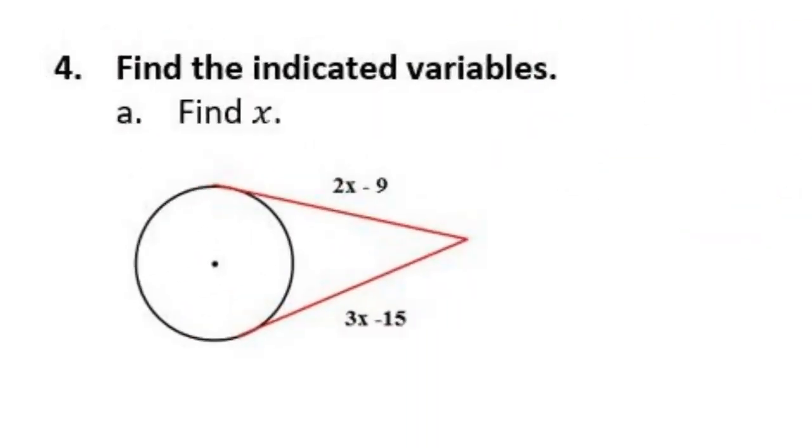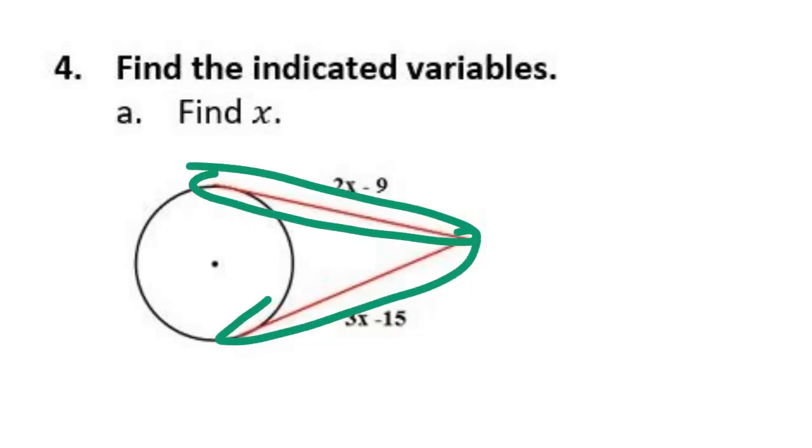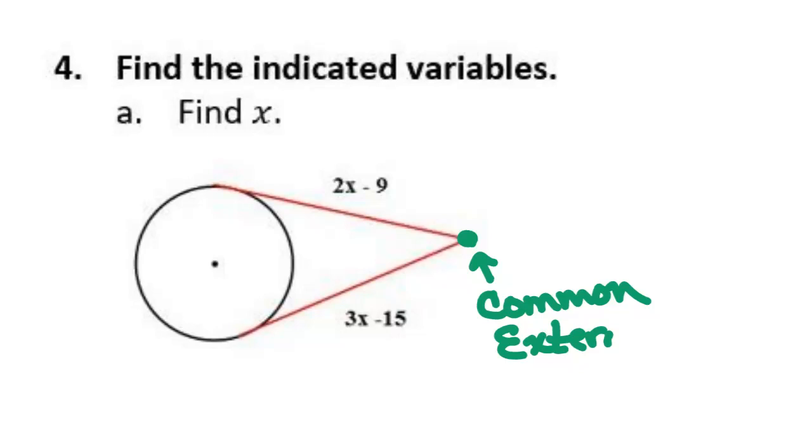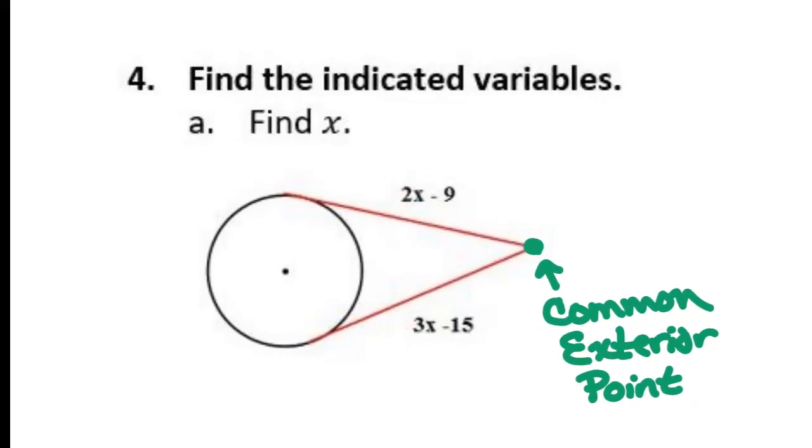If I have 2 segments, like this top segment here and this bottom segment here, and they're coming from a common exterior point right here. Two segments coming from a common exterior point that are tangent to my circle.